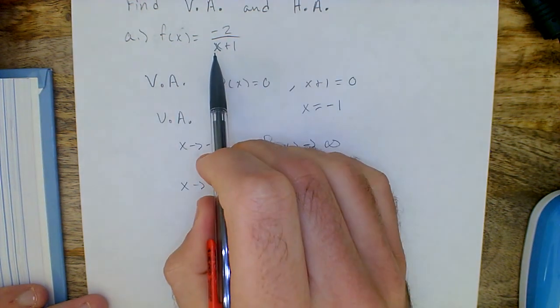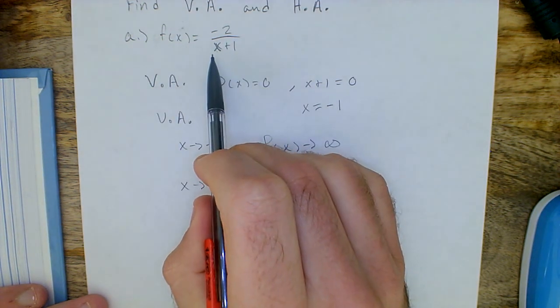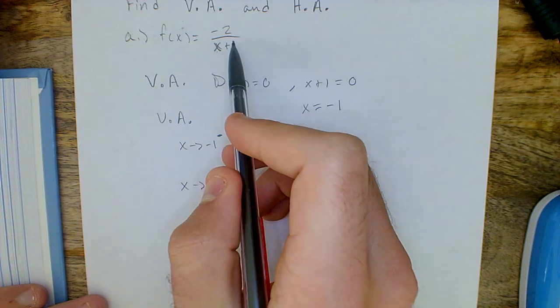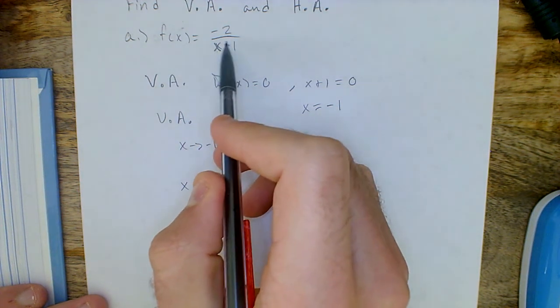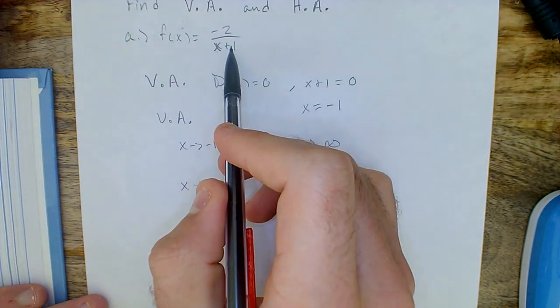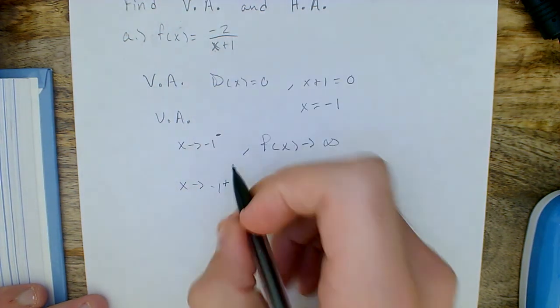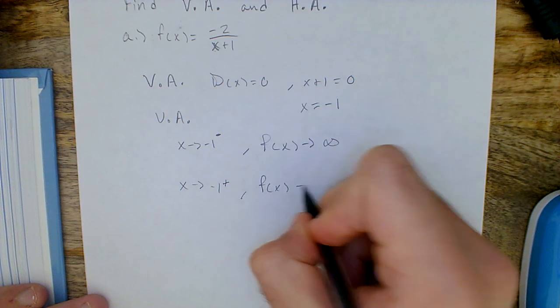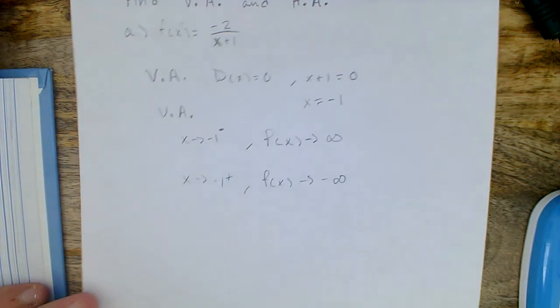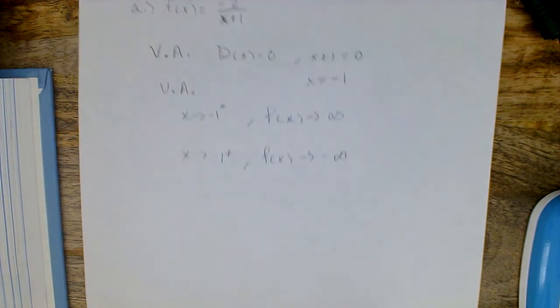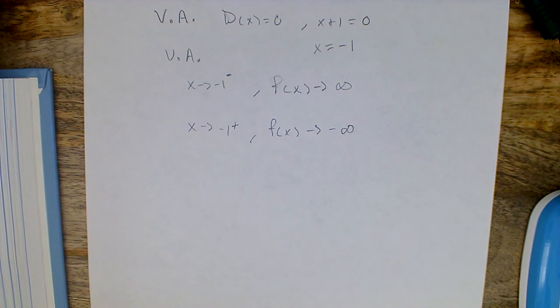As it approaches negative 1 from the right, like negative 0.999999, negative 0.99999, the more and more nines you can add on there, the bottom is now going to be a positive number that's very, very small and close to 0, and this is a negative constant number, so f of x goes to negative infinity. So yes, our definitions for vertical asymptote are satisfied here.